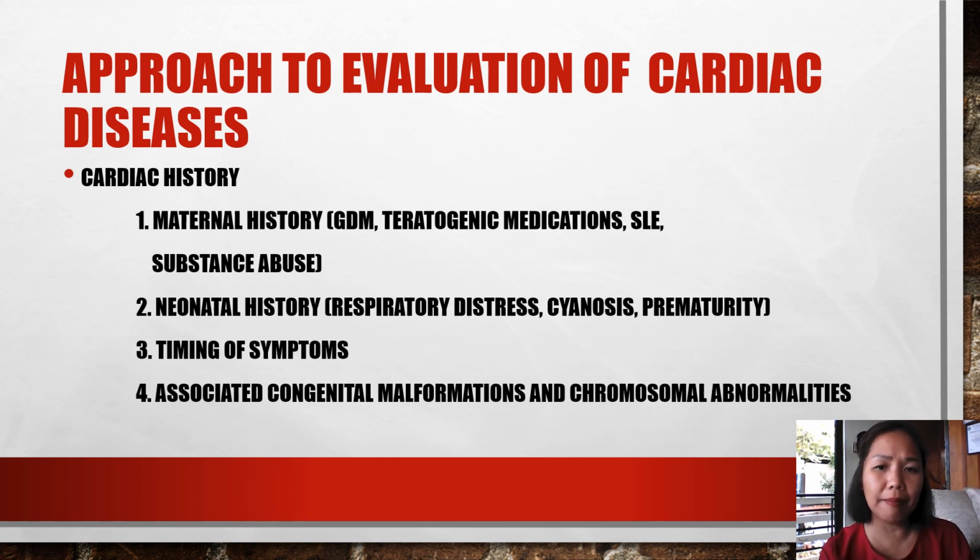For example, if a patient presents with cyanosis, you have to know when it started or when it was first noted, because the timing of the cyanosis will give you a clue to your differential diagnosis. And of course, congenital malformation and chromosomal abnormalities are commonly associated with cardiac diseases.